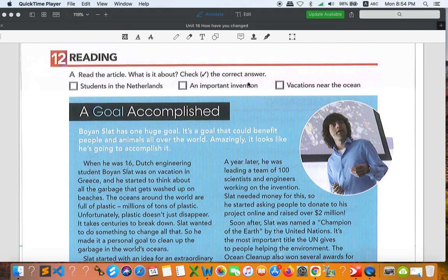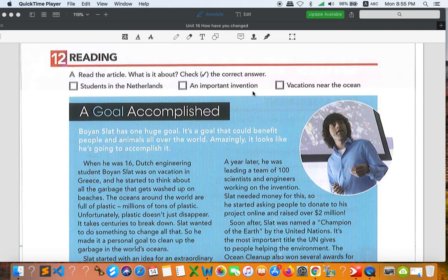Check the correct answer. Okay, so what do you think about this text? Do you think this text is for students in the Netherlands? Netherlands means Holland. Now they should use the word Netherlands instead of Holland. But as you can see right here, we have the word Dutch. Probably you know what it is, right?